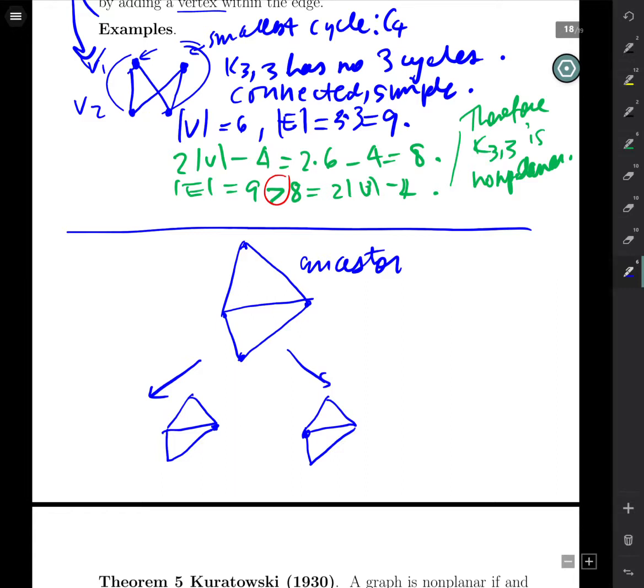So in this one here, I'll split this edge here, split that edge right there, and maybe that'll be enough, okay?